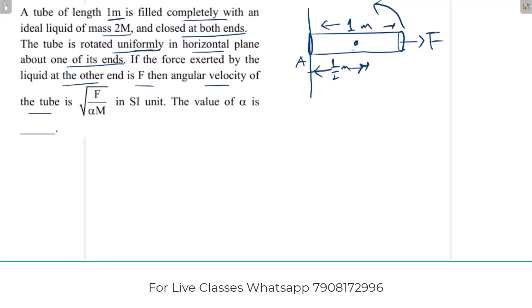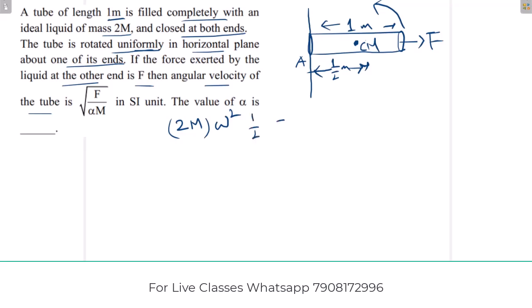Let's say the total mass is concentrated at this point of center of mass. So the total mass 2m is concentrated at the center of mass. The centripetal or centrifugal force is m omega square r. Here the mass is twice m, the mass of the liquid, omega is the angular velocity, and r is half.